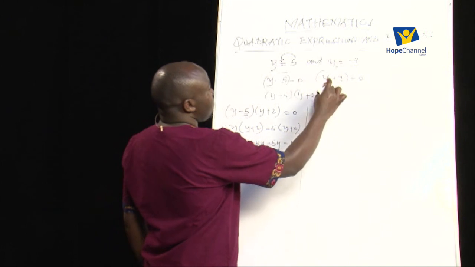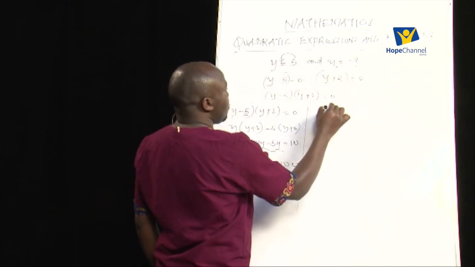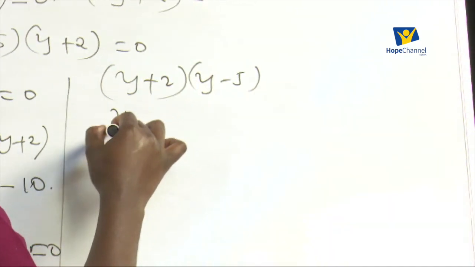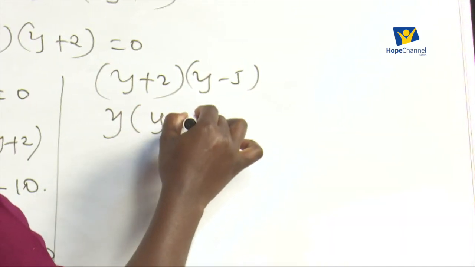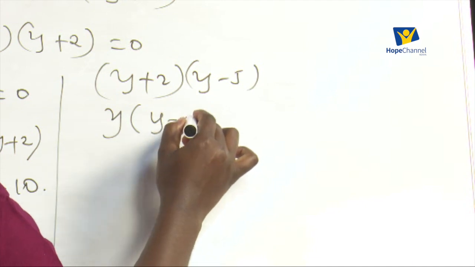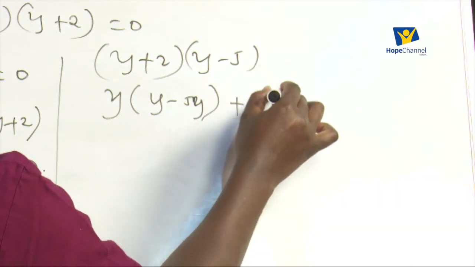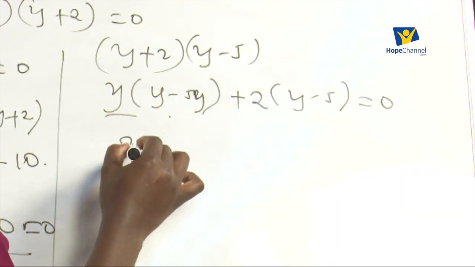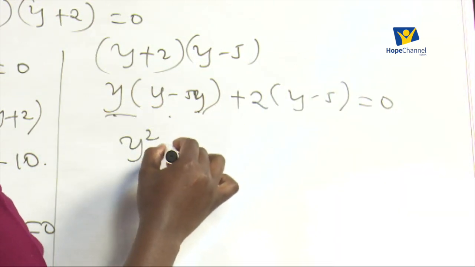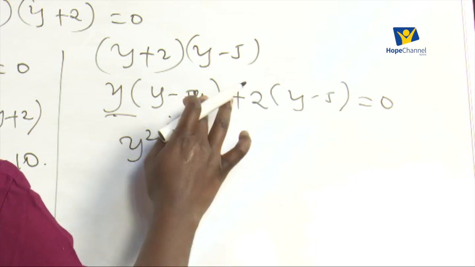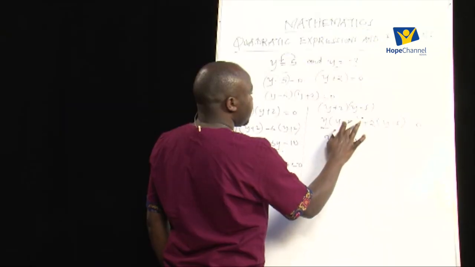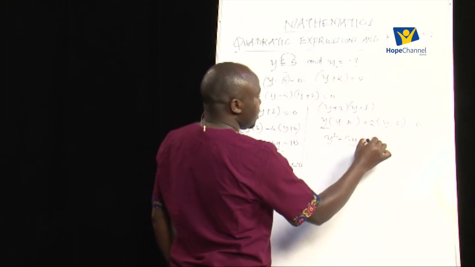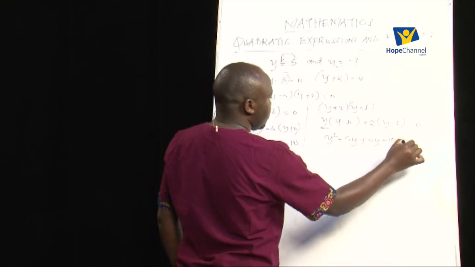As well, you can have the second bracket opening the first one, which is y plus 2 and y minus 5. This means y into y minus 5, then plus 2 into y minus 5 is equal to 0. Therefore I'm going to have y squared, then minus 5y, then plus 2y minus 10 is equal to 0.